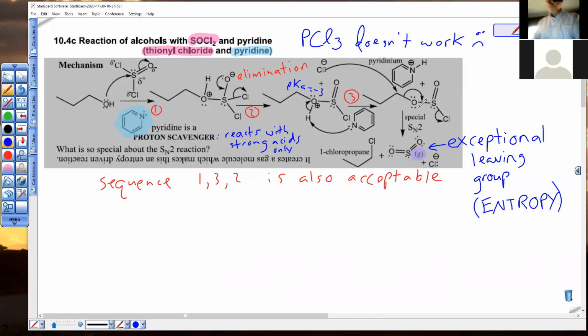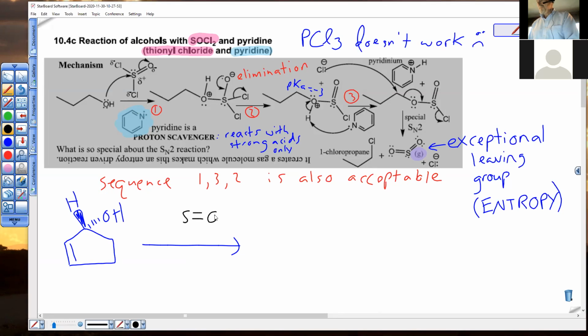And there you go. And I'm going to do a version of this where I do switch steps 2 and 3. All right. And here's our chemicals. And pyridine.